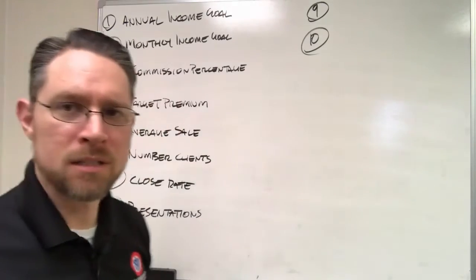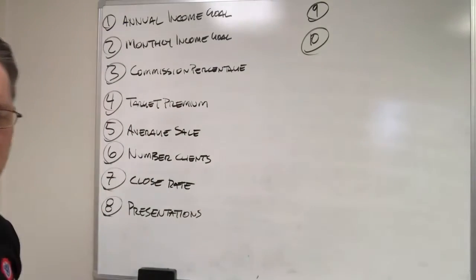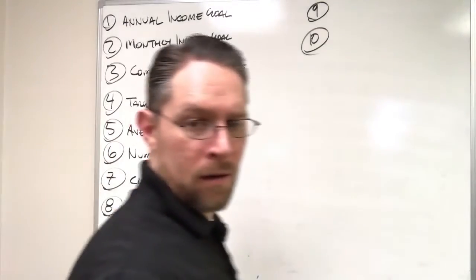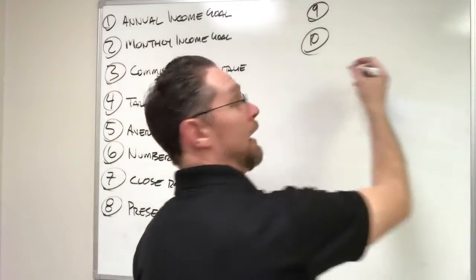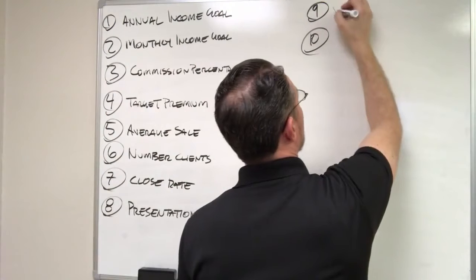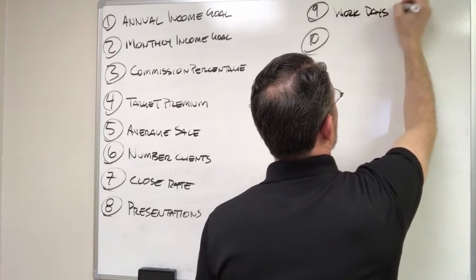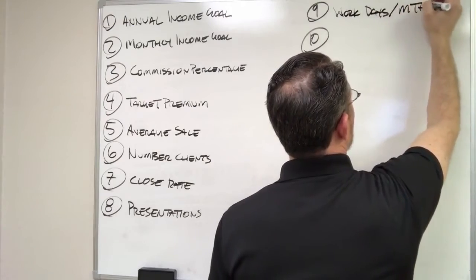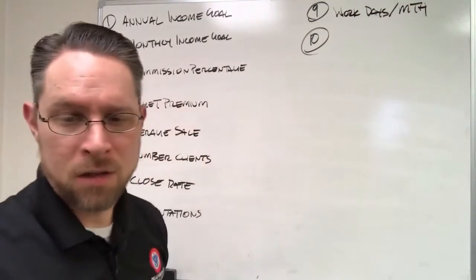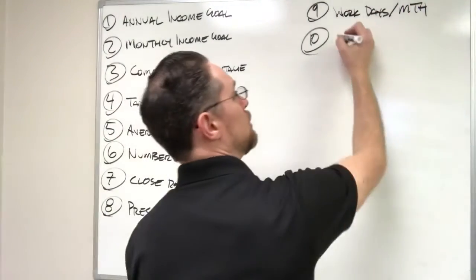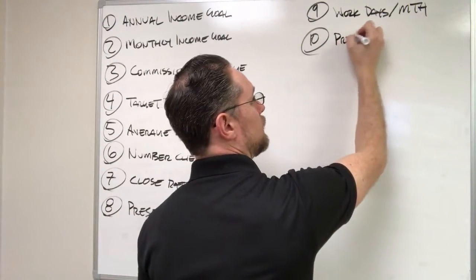So what's your presentation to close ratio? From there, you also need to know how often you work, how many working days in a month. And then that will also tell you how many presentations you are going to need per day.